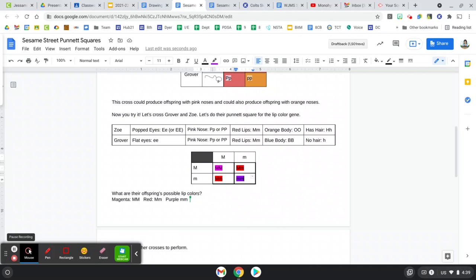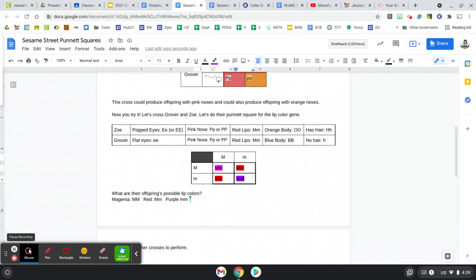So Zoe and Grover both have the same genotypes. It's heterozygous for red lips, and that means that they have both a dominant and a recessive allele. So both a capital letter and a lowercase letter would be showing up here. And so this shows you what the possible offspring would be from a cross between Zoe and Grover.